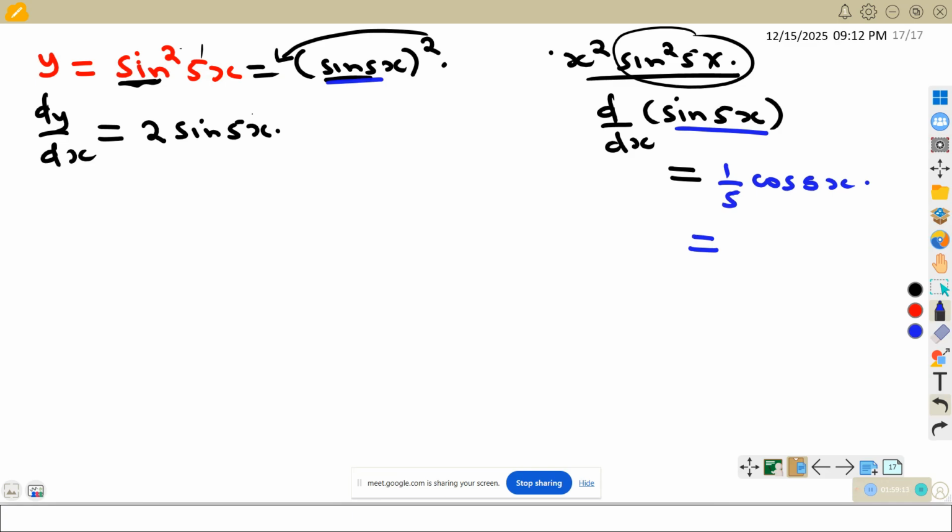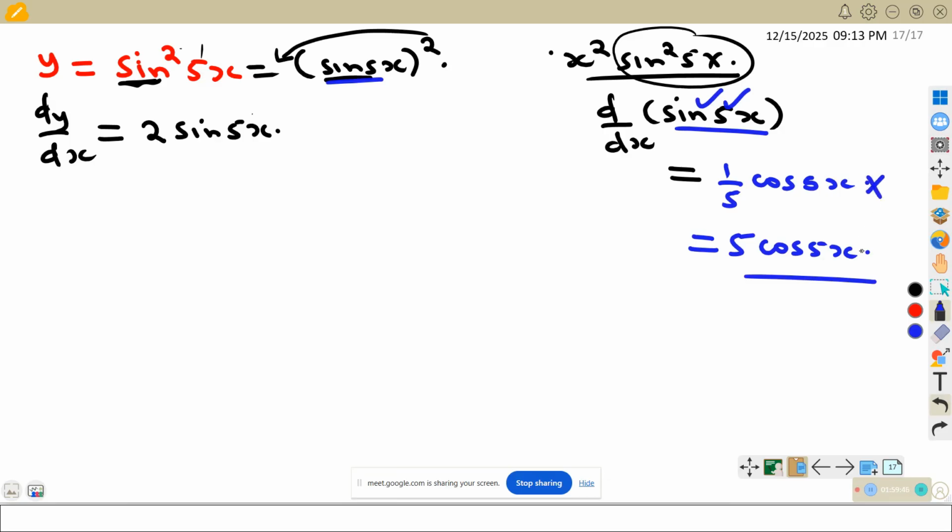What do you get when you differentiate sine of 5x? You get 5 cos 5x. Yes.